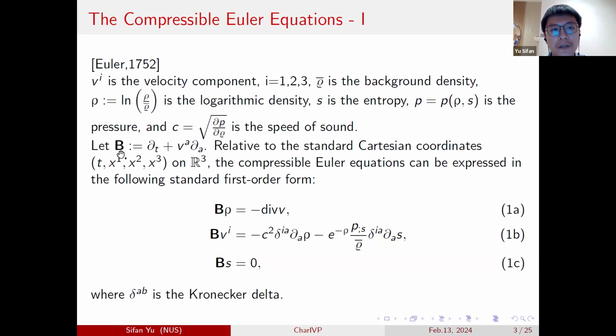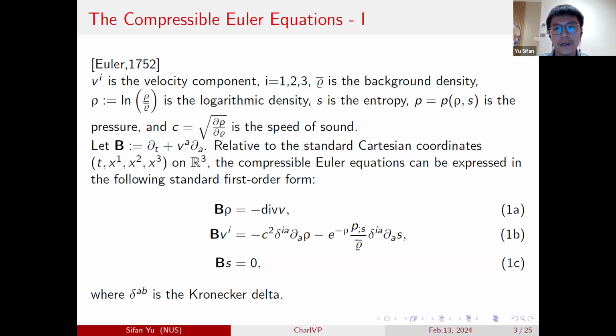I'm abusing the notation so that something like B can stand for a derivative operator, but can also stand for a vector field on spacetime. Okay, so in this setting, I can formulate the first order compressible Euler equations in the following form.